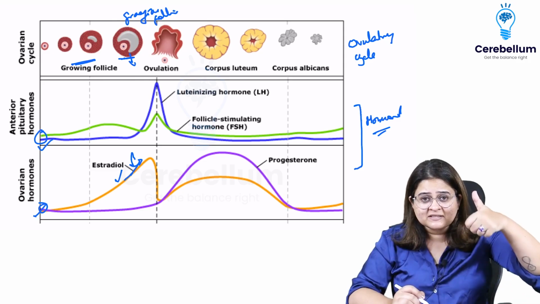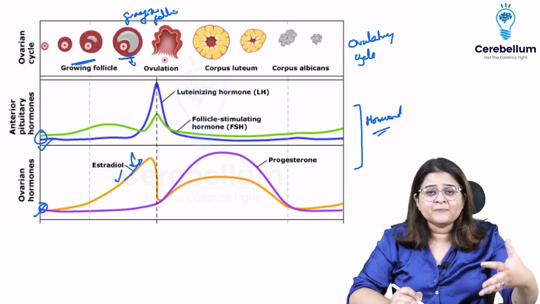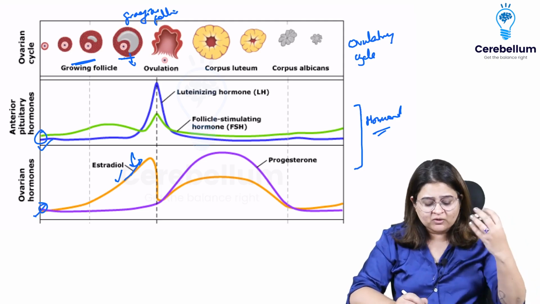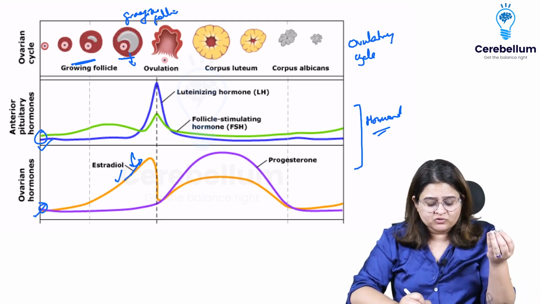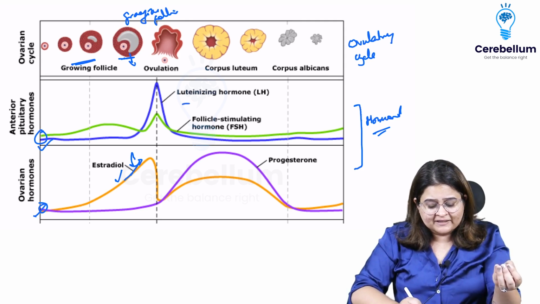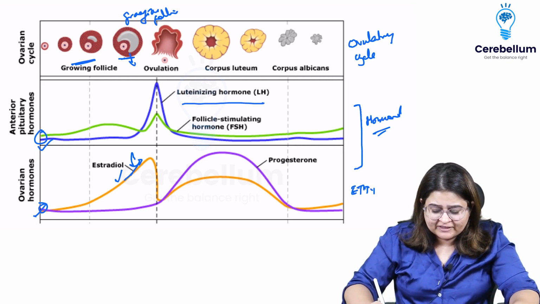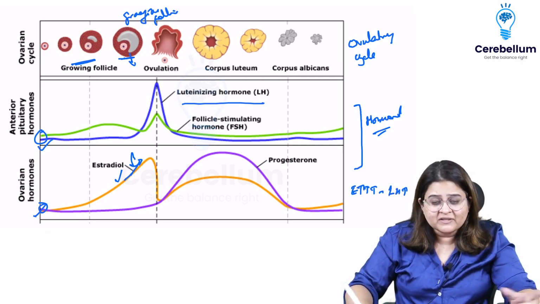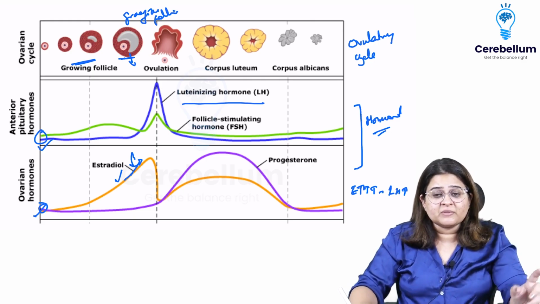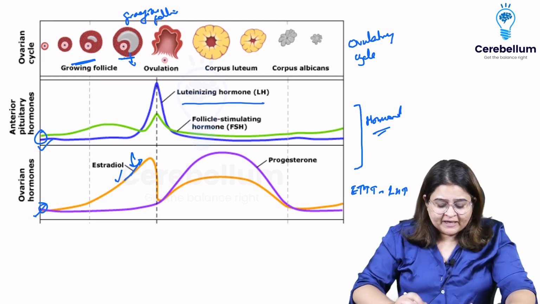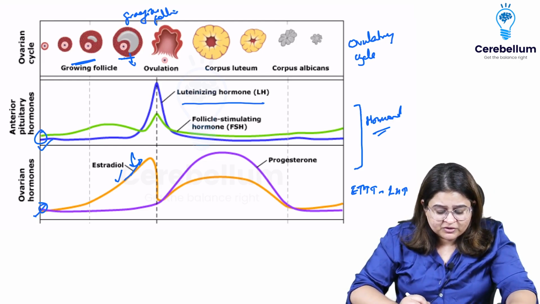This sudden rise in estrogen, instead of a negative feedback, gives a positive feedback on LH. Also FSH, but more so we're stressing on LH. That means LH is going to rise, and this rise in LH is what is going to trigger ovulation.